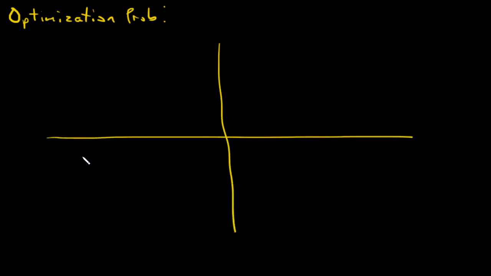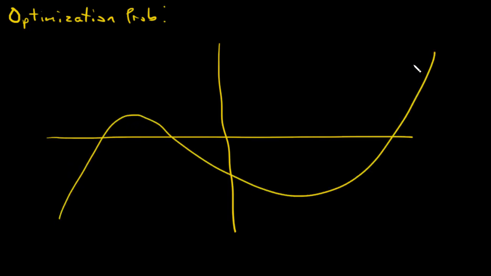Maybe it looks like, I don't know, that. I'm going to call that f. This is f of x. Maybe I'll bound it from here, a, to here, b. Doesn't really matter that much.